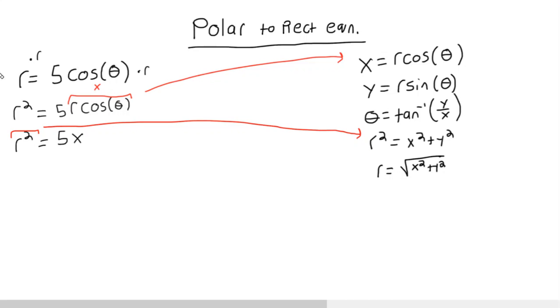So instead of r squared, I'm going to write x squared plus y squared is equal to 5x. Easy enough. Now all we have to do is get that 5x over and set it equal to 0. So x squared minus 5x plus y squared equals 0.